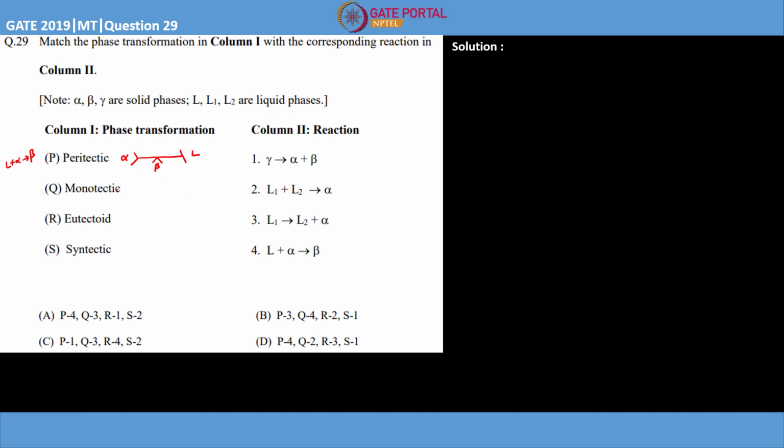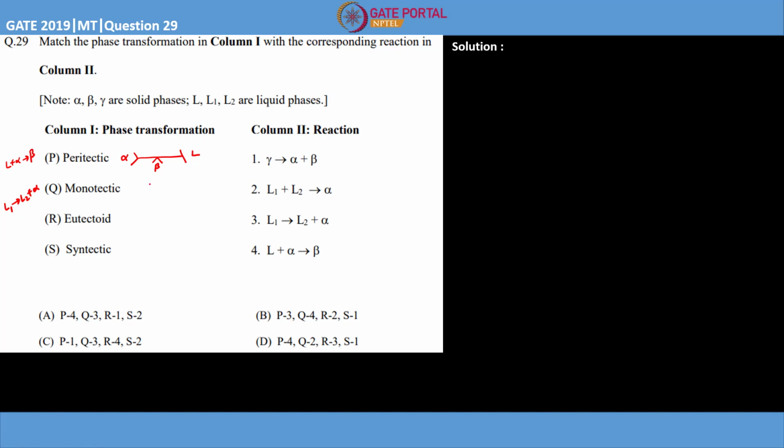Similarly, the monotectic reaction. So in the monotectic reaction, what will happen? A liquid, let's say liquid L1, will convert into another liquid plus solid. So liquid 1 is getting converted into liquid 2 plus some solid.